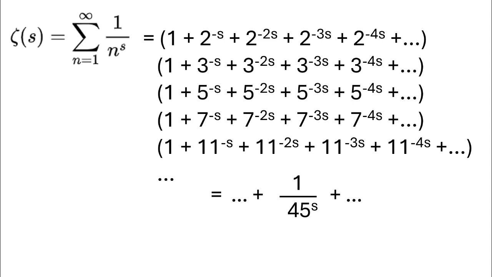And if we look at this structure, we can see that we will have them all. Every prime number will have some exponent k, and somewhere in here we'll have the term 1 over p to the ks, which is what we're looking for.